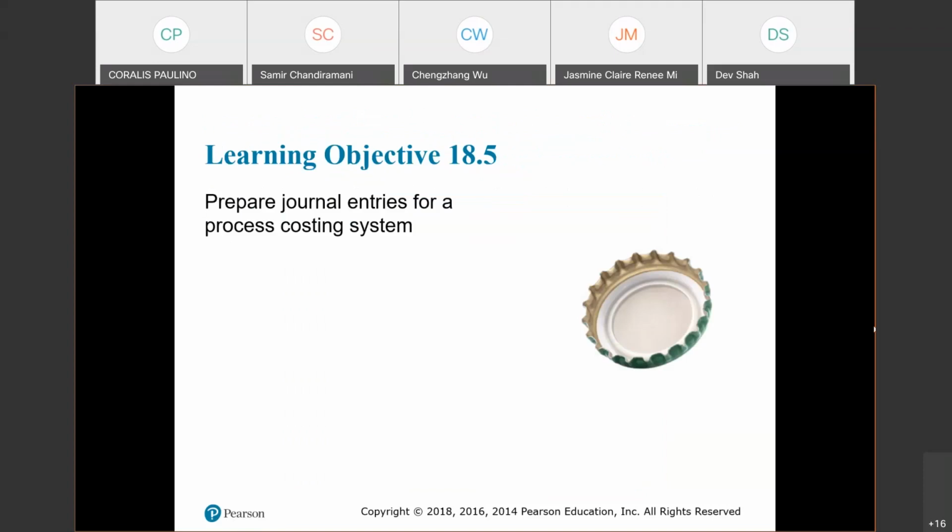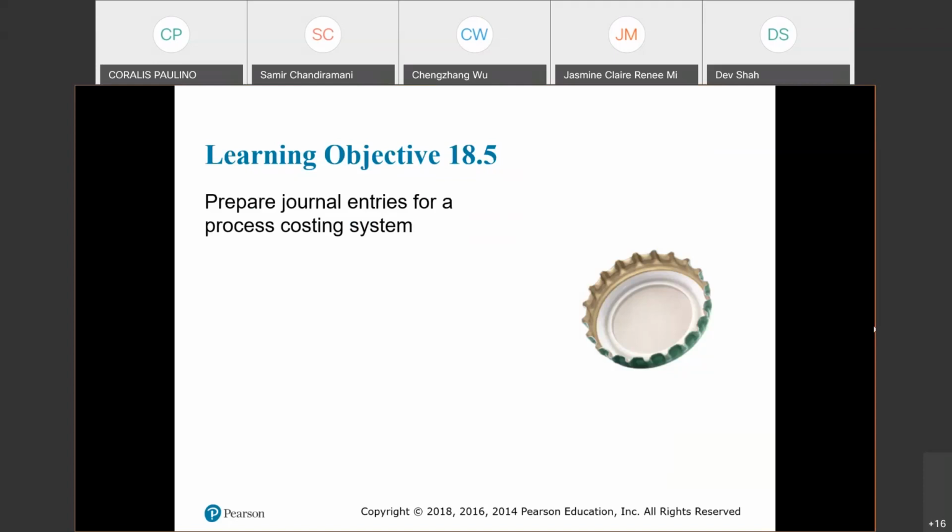Okay, next, let's see how to prepare the journal entries for a process costing system. As costs flow through the process costing system, we go through a 4-step process to accumulate, assign, allocate, and adjust. This is the same process that was illustrated in the previous chapter for job order costing.